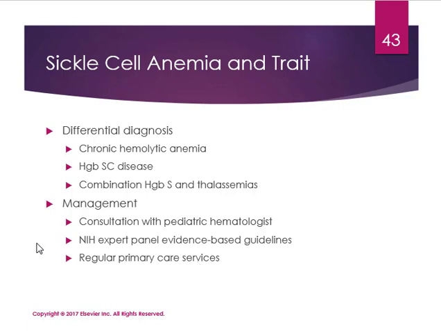There are evidence-based guidelines developed by the NIH that I would consult. We won't go over those now, but consult if you are ever managing a child with sickle cell anemia. And as I said, they will be in need of good primary care services.